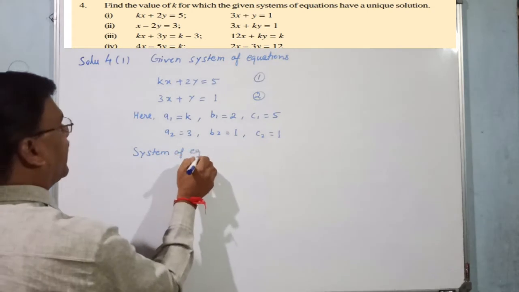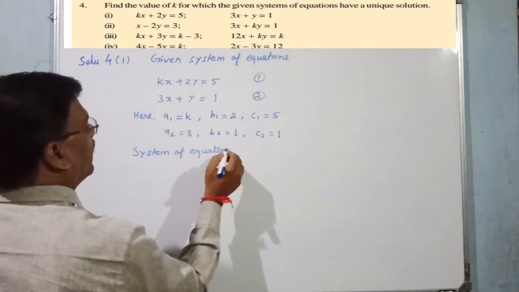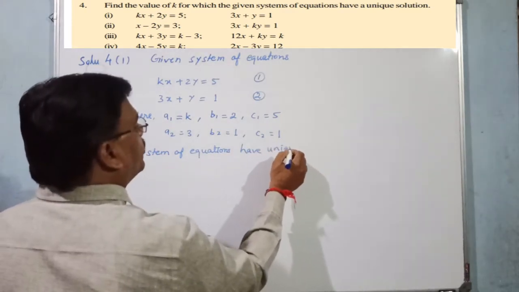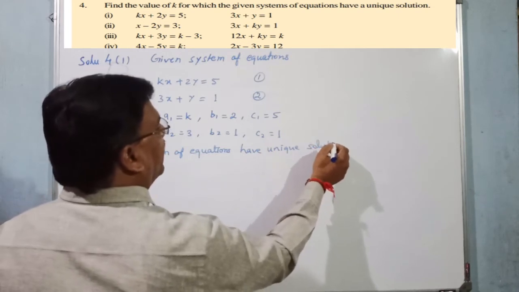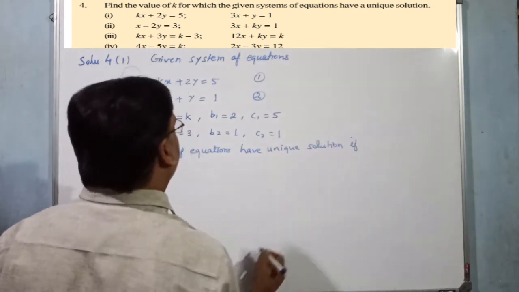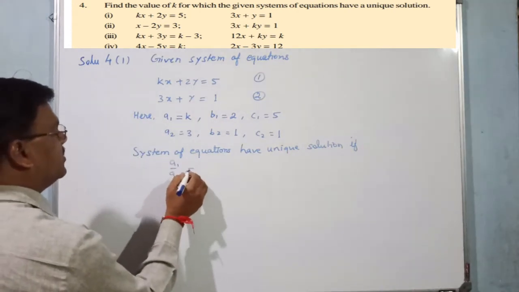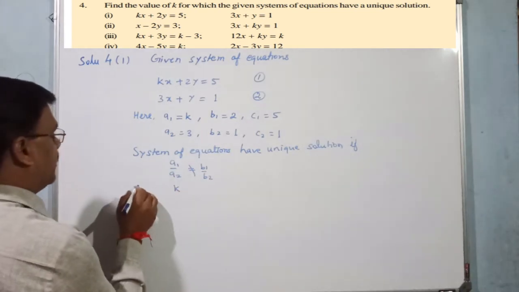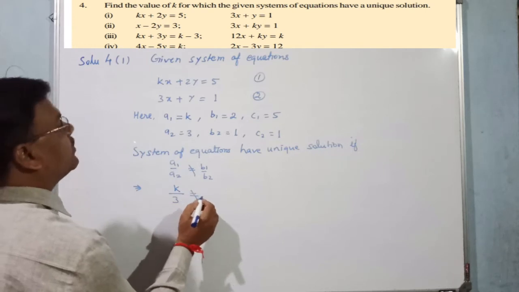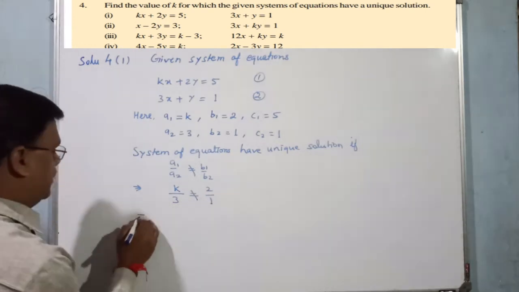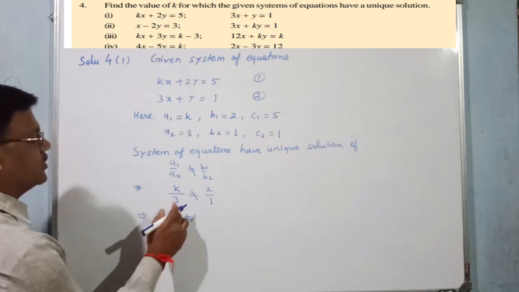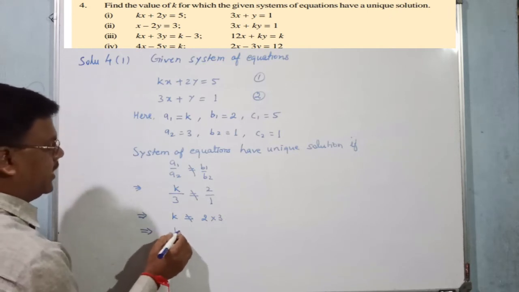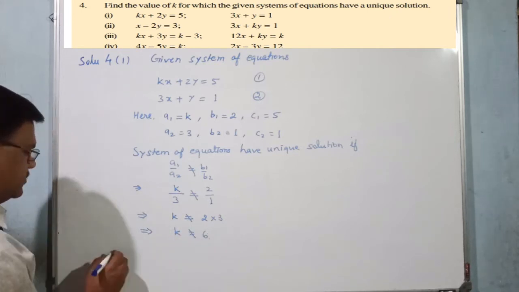System of equation have unique solution if a1 by a2 is not equal to b1 by b2. k upon 3 is not equal to 2 upon 1. k does not equal to, transpose 3 to right side, 2 multiplied by 3. k does not equal to 6.